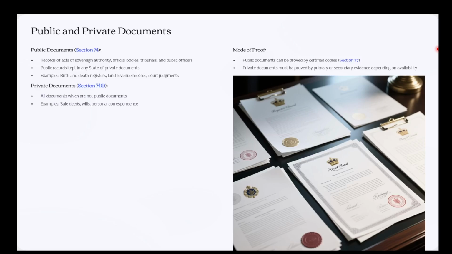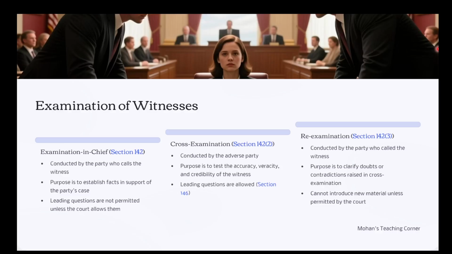Public documents can be proved by certified copies, Section 77 BSA. Private documents must be proved by primary or secondary evidence depending on availability.